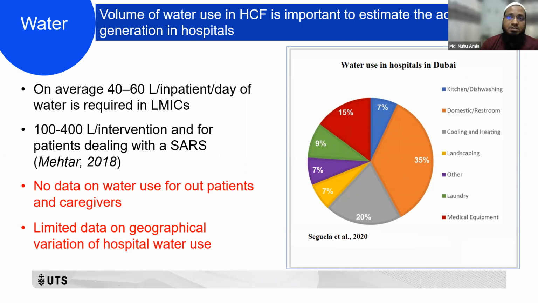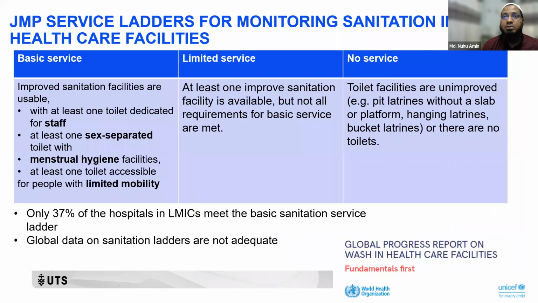But global data is still missing for most cases, and only limited geographically distributed data are available globally. The water used in hospitals for different purposes is also limited. Only a few developed countries have some data, and some data is available for India and the subcontinent, on how much volume of water is actually used for what type of purpose. This segregation is also important to understand for effective treatment.